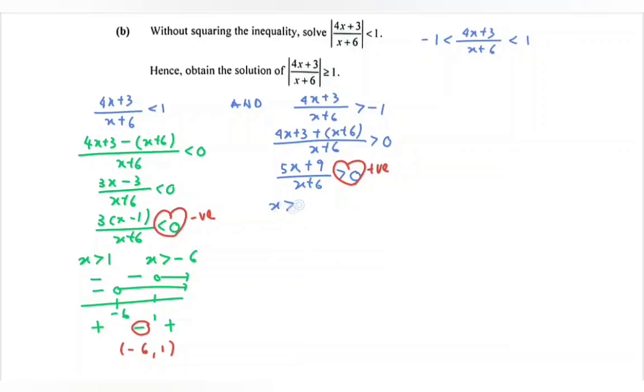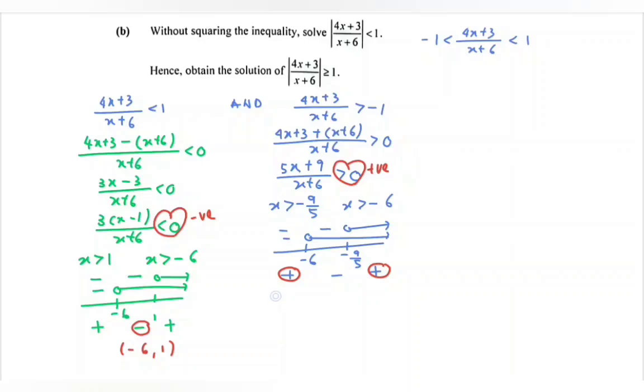So x is greater than negative 9 over 5. x is greater than negative 6. Number line, we have negative 6, negative 9 over 5. So empty circle towards the right, empty circle towards the right, negative. So we have positive, negative, and positive. So in here we have the positive.